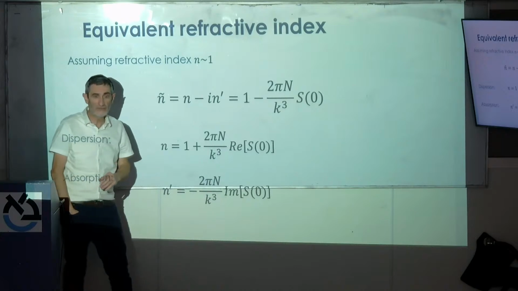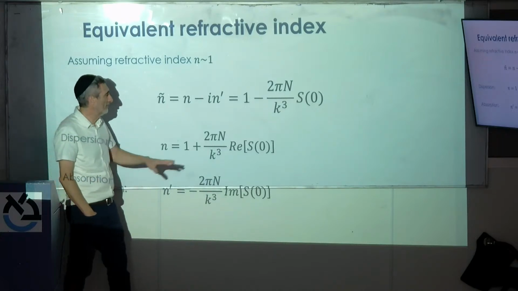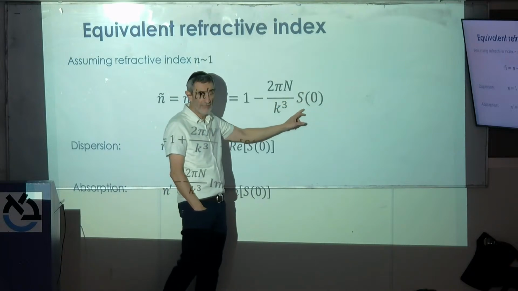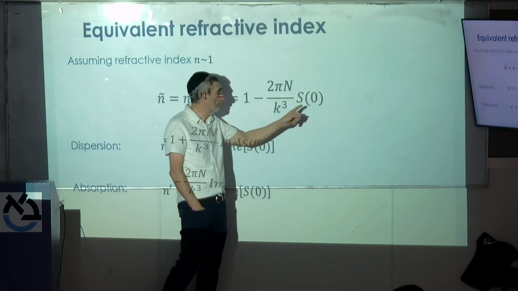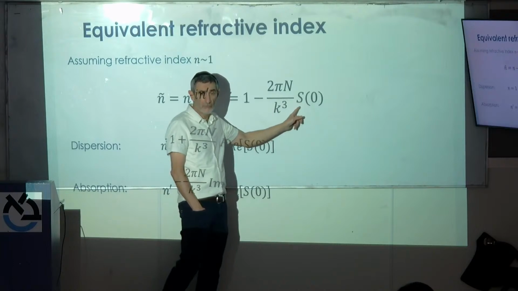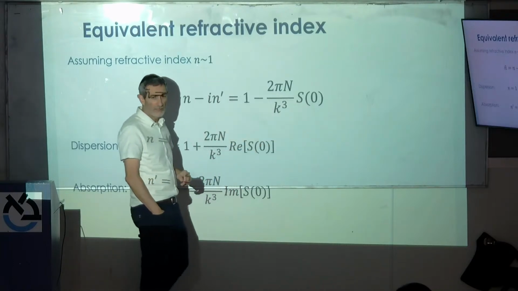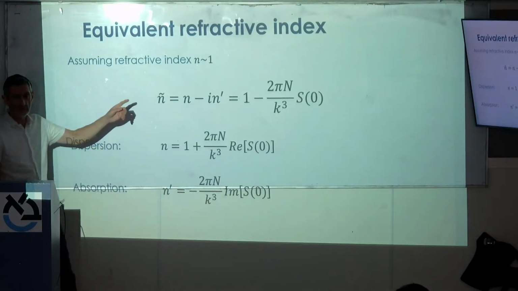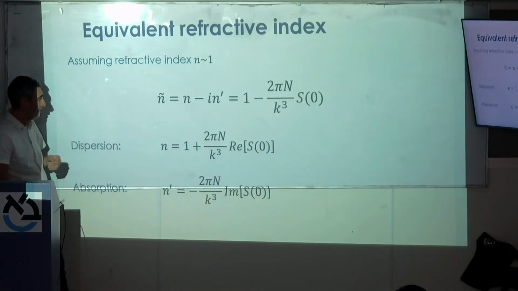That's what we have left to demonstrate. This expression uses the scattering amplitude S here in the forward direction. But you remember that this quantity is complex, right? And if you remember the optical theorem, it takes the imaginary part of this term here.